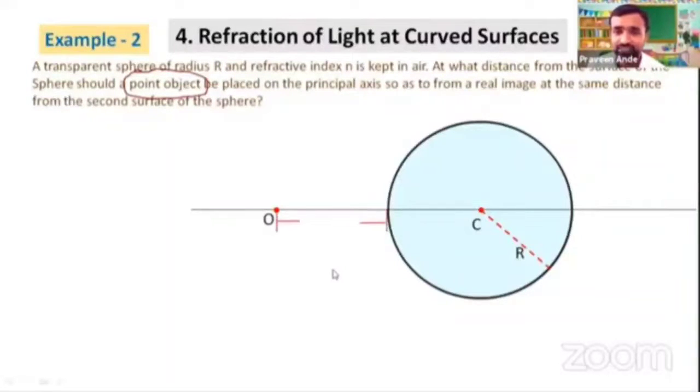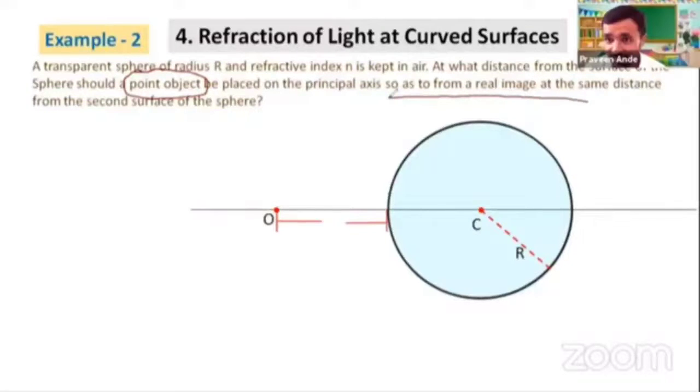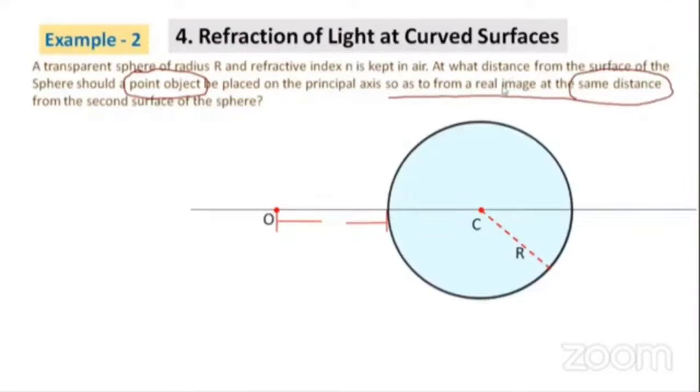Let me take the distance here, the object distance from the sphere. Why am I taking a distance first? Because the question mentions, so as to form a real image at the same distance. In the question only we have the condition.